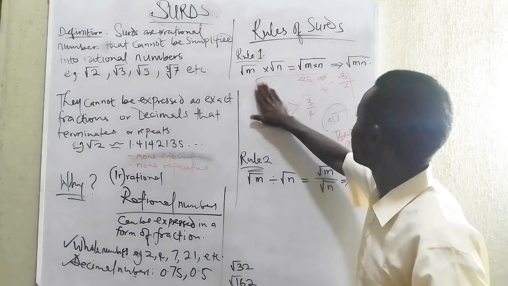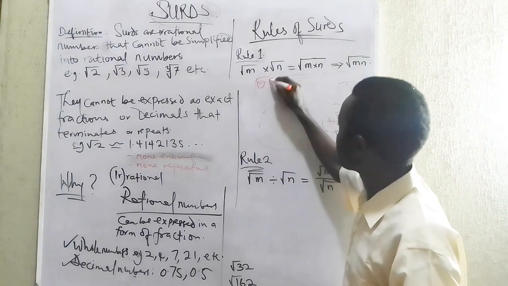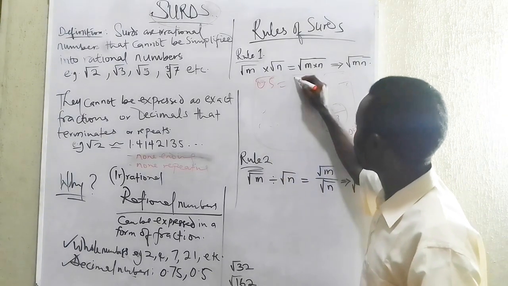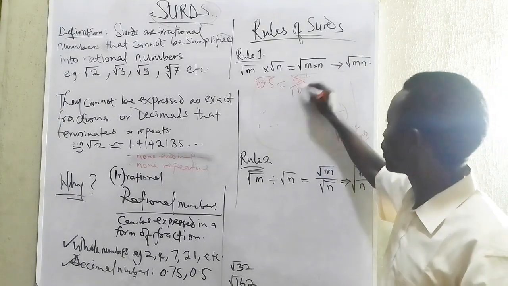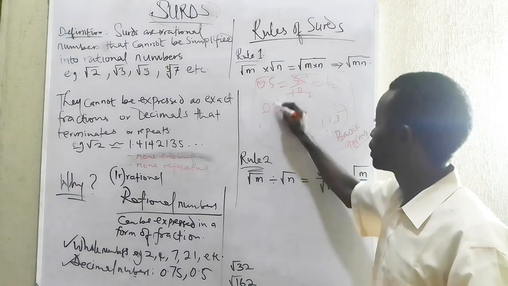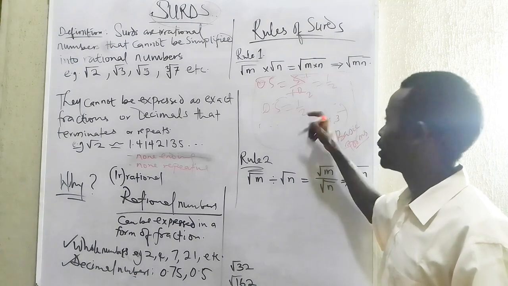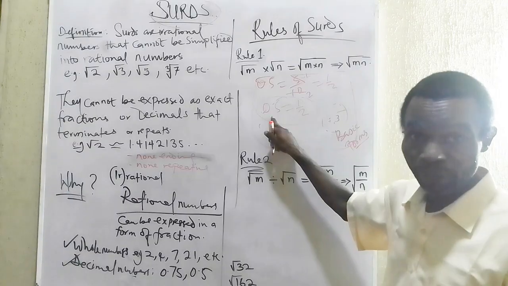0.5 is a rational number. The same way, 0.5 is the same thing as 5 over 10. And what is 5 over 10? 5 into 5 is 1, 5 into 10 is 2, so 1 over 2. So 0.5 can be expressed in a fraction. That is why 0.5 is a rational number.